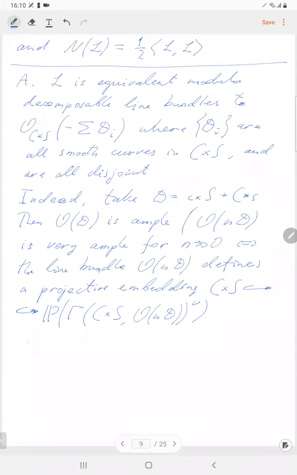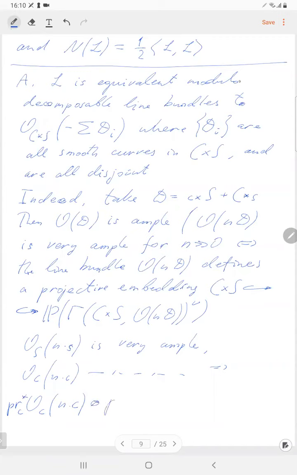So we know that O_S of n times small s is very ample, and O_C of n times small c is also very ample, and hence their tensor product is also very ample.